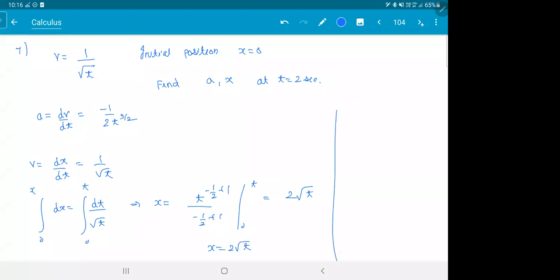You wanted what time? t is 2 seconds. t is equal to 2. Acceleration will be minus 1 by 2 into 2 to the power of 3 by 2, that's nothing but minus 1 by 4 root 2. x is 2 root 2.